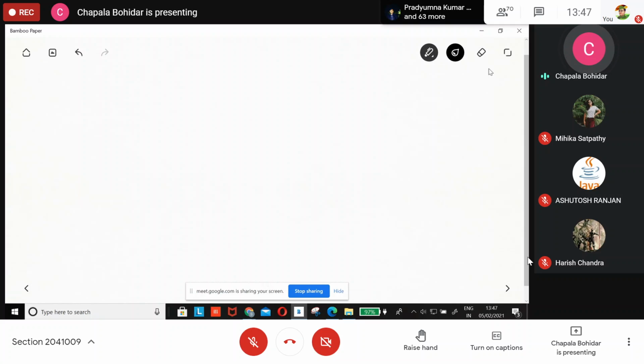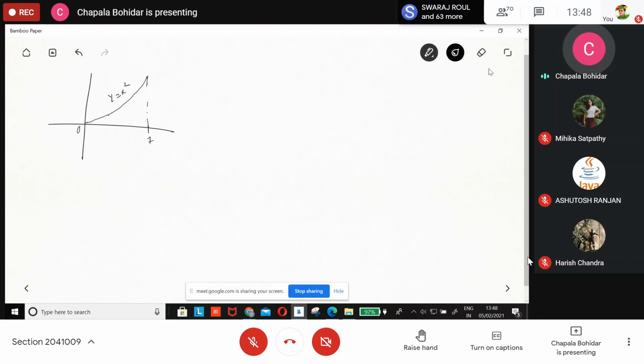The parabola lies here. Clear? It is our y is equal to x square.